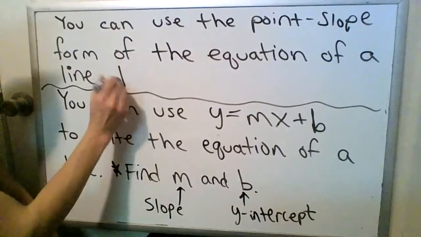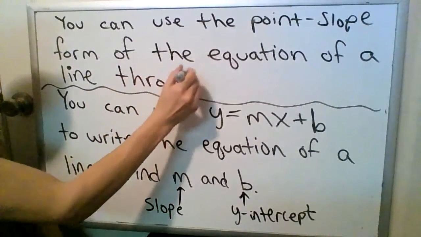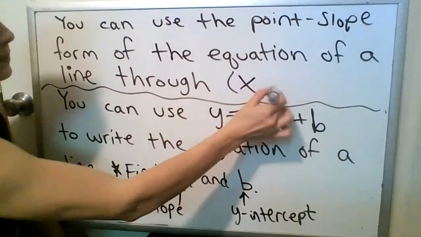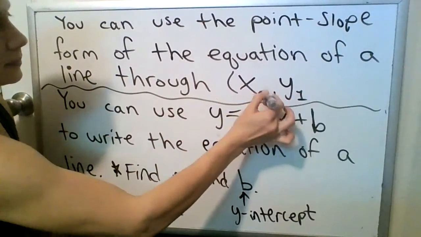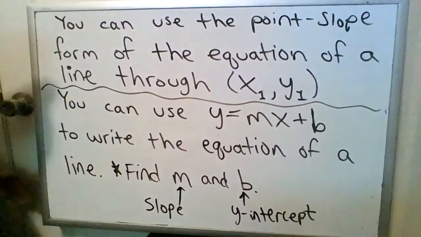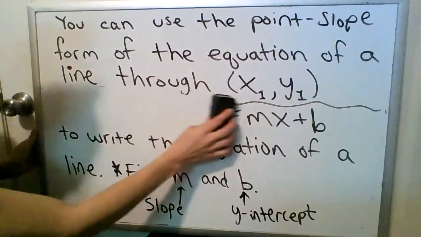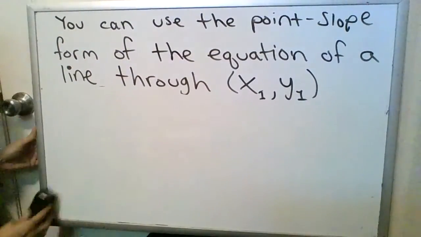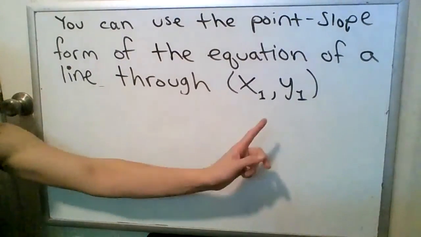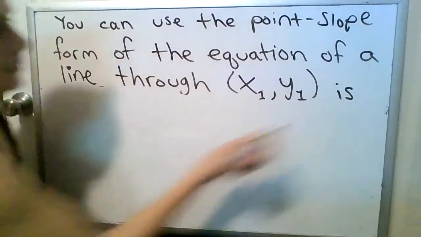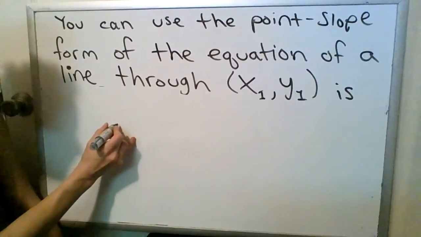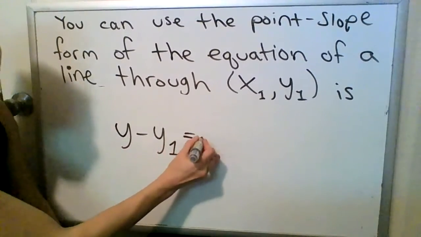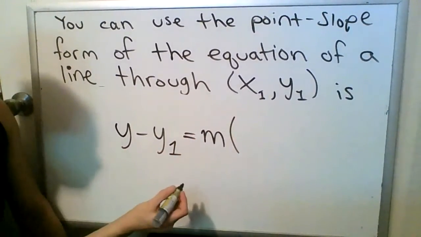Through the point x sub 1, y sub 1, is y minus y1 equal to m, the slope, times x minus x1.